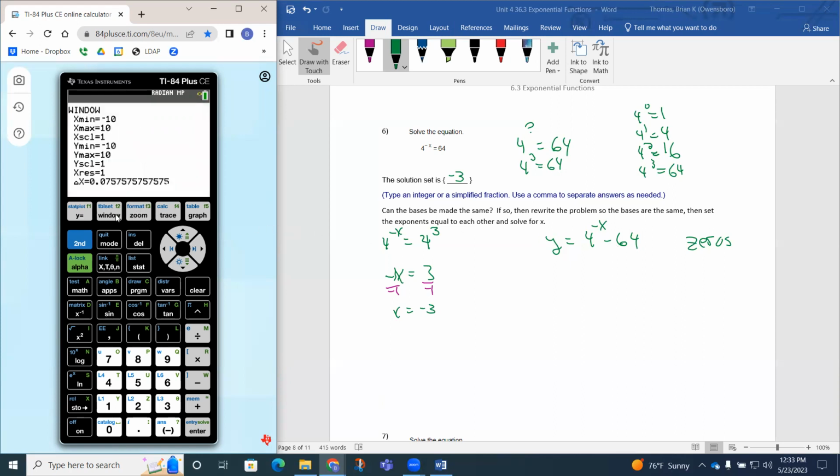So I change my y min to maybe negative 70, a little bit past 64. I need to make my y scale go by tens. Then I'll go back to the graph. Go to window again.